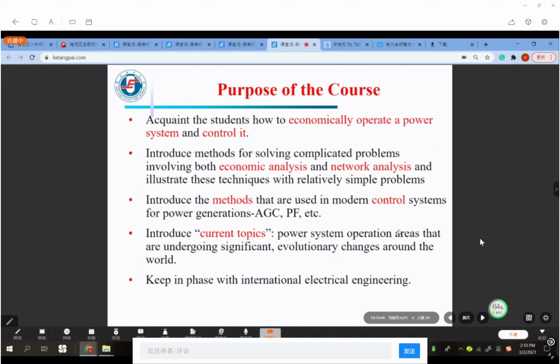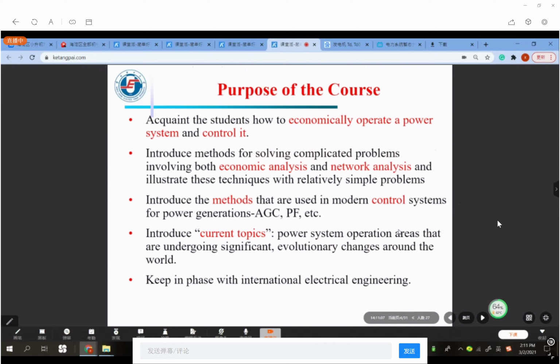The purpose is also, as I just talked about, to teach you how to economically operate the power system and control it. Just as I mentioned, you will learn how to use economic dispatch and unit commitment, and also automatic generation control for control purposes.